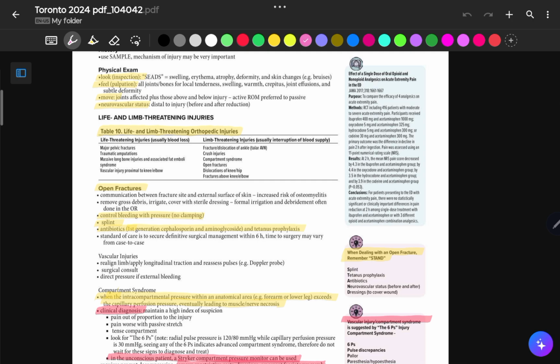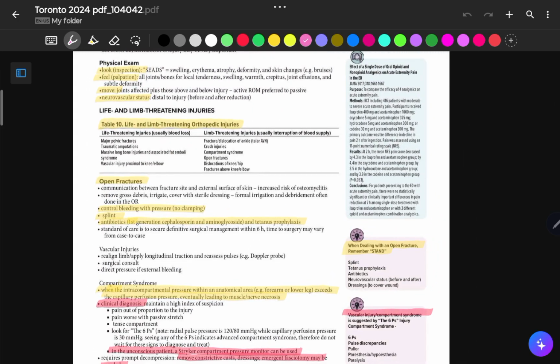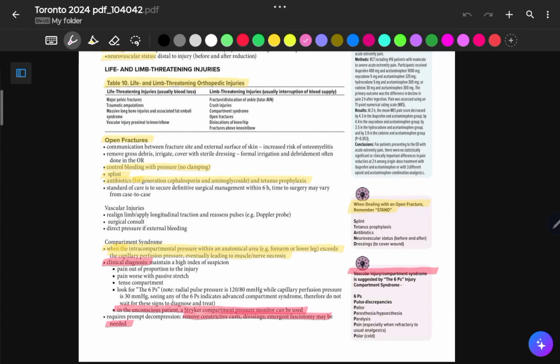This would be your fracture or dislocation of the ankle, because of the popliteal artery found there. Also your crush injuries, compartment syndrome, open fractures, dislocations of the knee or hip, and fractures above the knee or elbow. Okay, so those will be your limb threatening injuries.